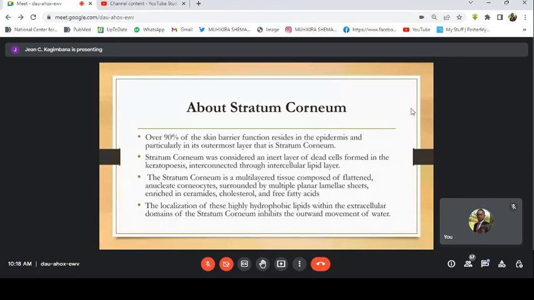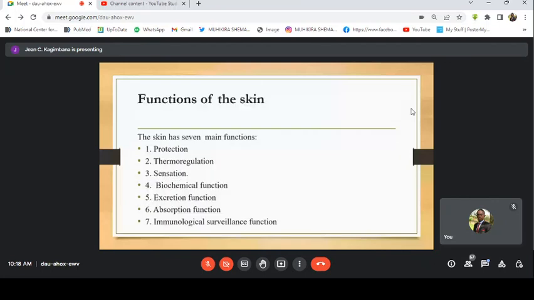Okay? Now, the main functions of the skin are seven: protection, thermoregulation, sensation, biomechanical function, excretion, absorption, and immunological surveillance. We have seen in each layer that there are specialized cells, mainly in the epidermis.